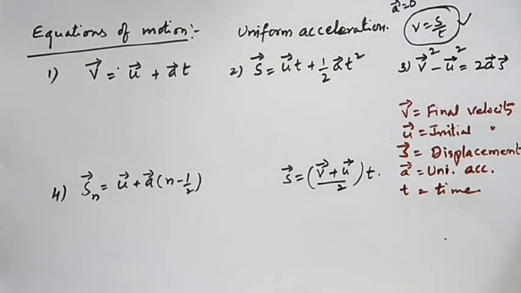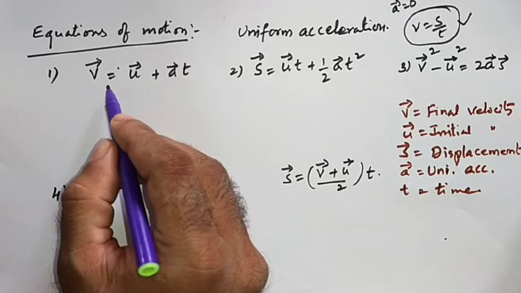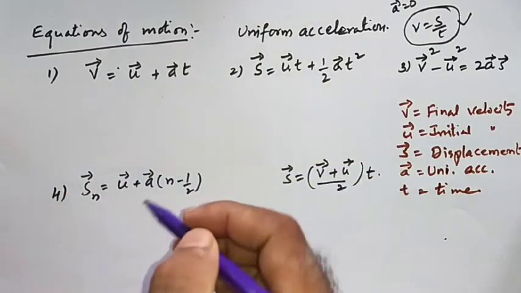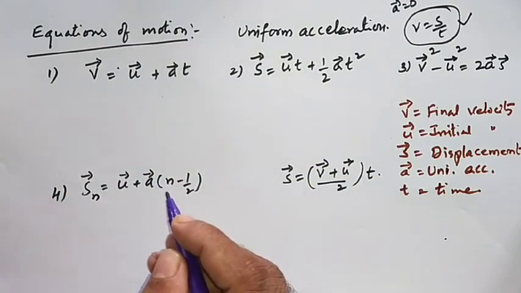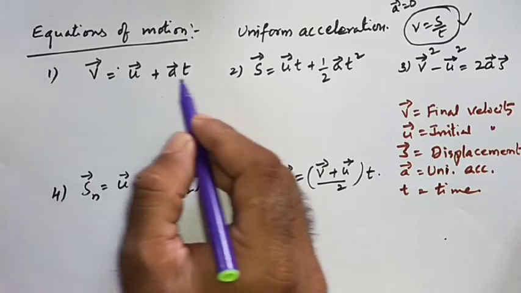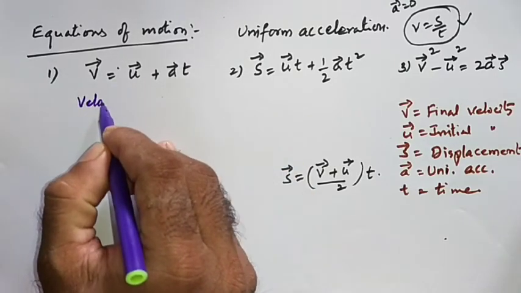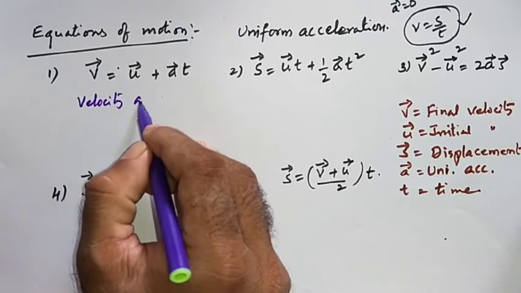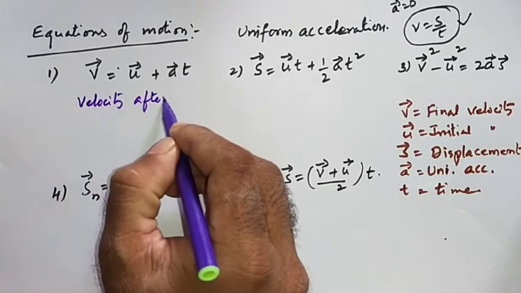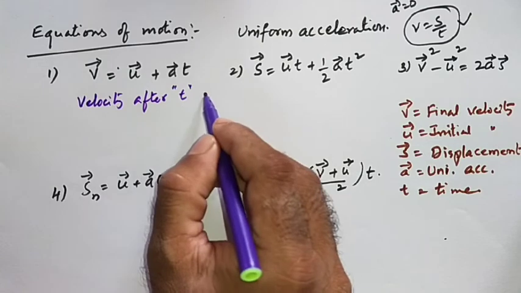Understood? Now the thing is, when should we use the first equation, the second equation, and so on. The first equation is used to calculate the velocity of the body after t time.